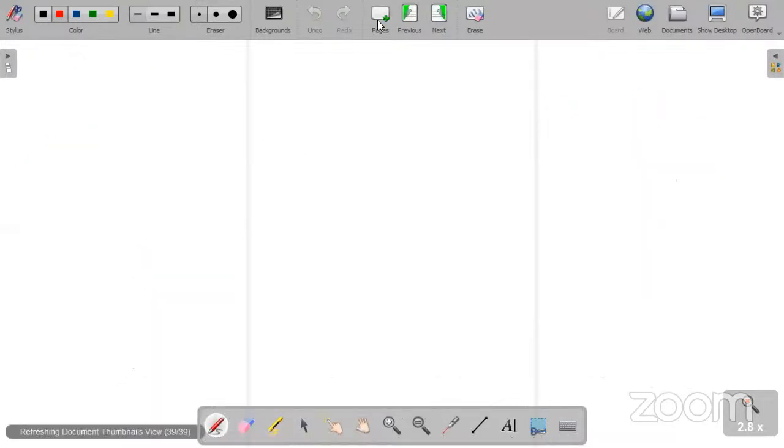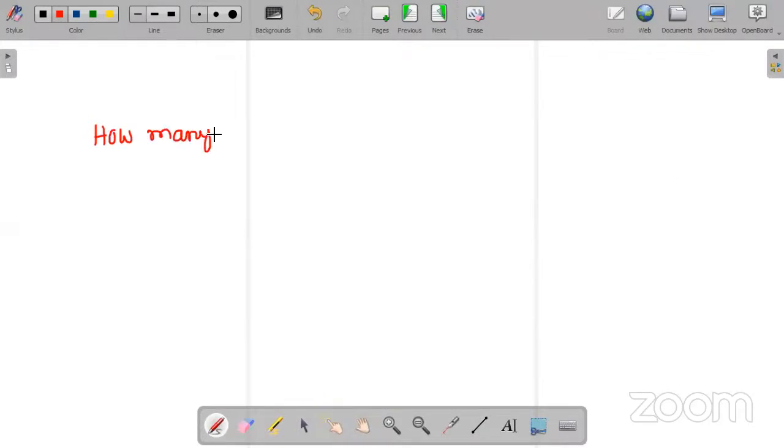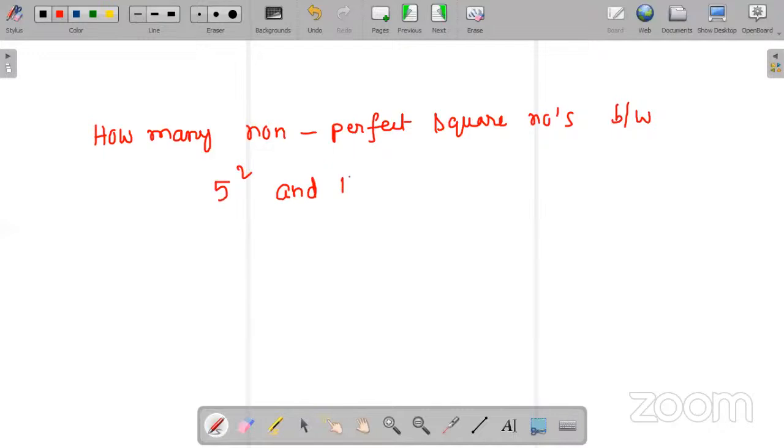How many non-perfect square numbers between 5 square and 6 square? Sorry, 5 square, 6 square.